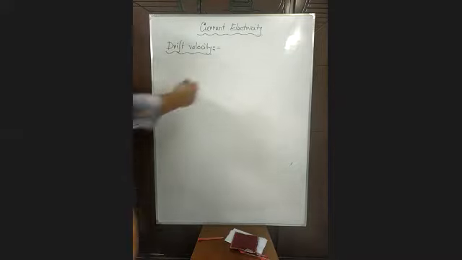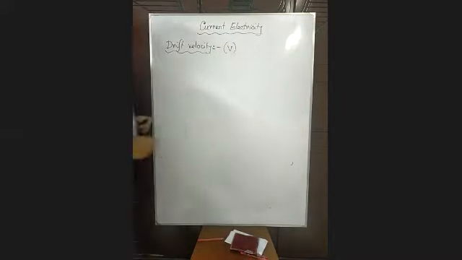You should write small v. The drift velocity v.